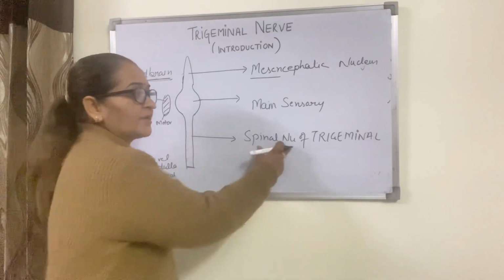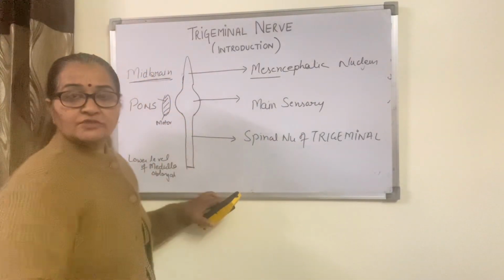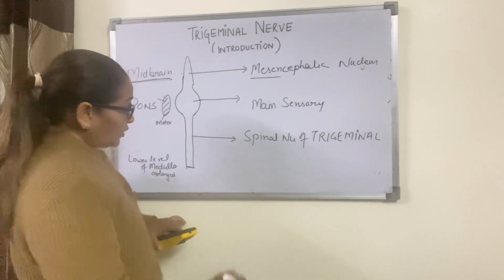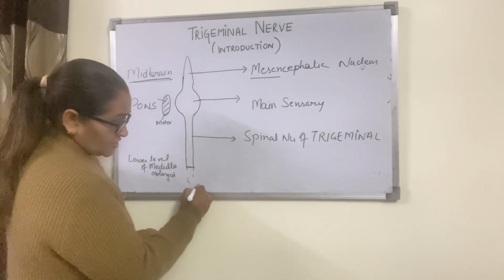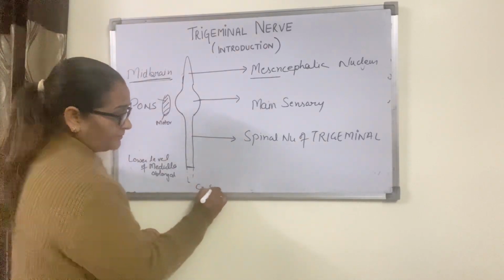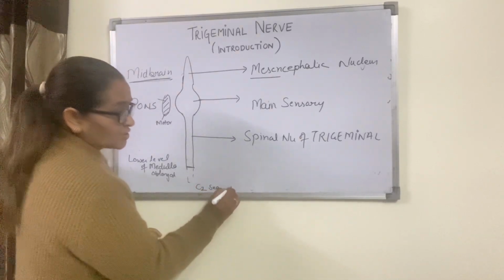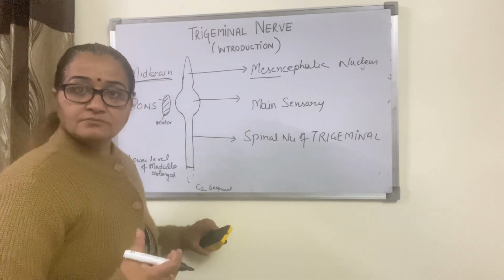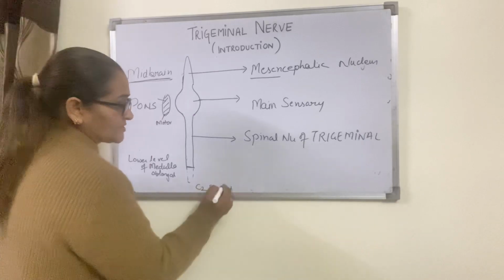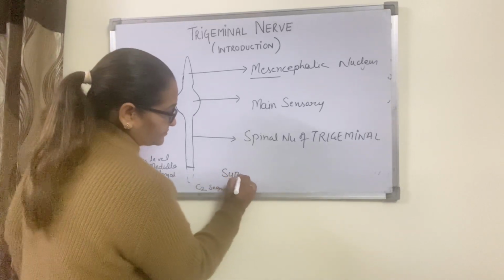If we trace this nucleus downward, it reaches up to the C2 segment of the spinal cord, and it contains which portion of the gray matter of this cervical spinal segment? That is the substantia gelatinosa.